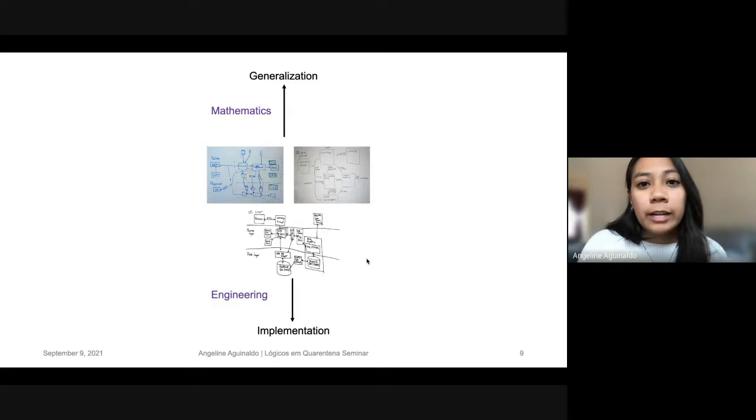Every time we come up with an idea, the whole objective of engineering is to implement it and come up with a specific instance of that model. Whereas in mathematics, the idea is to generalize above these behaviors and find abstractions in which we can say some interesting properties about them and generalize over these conceptual models.